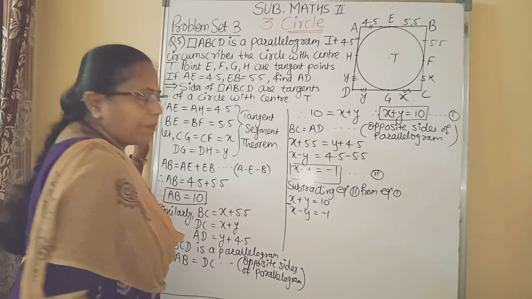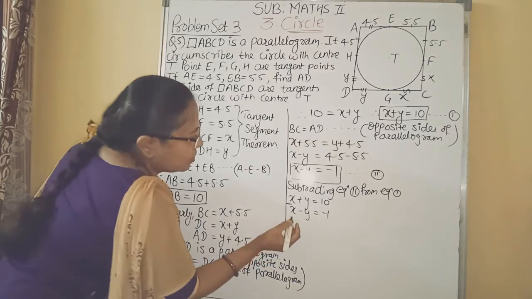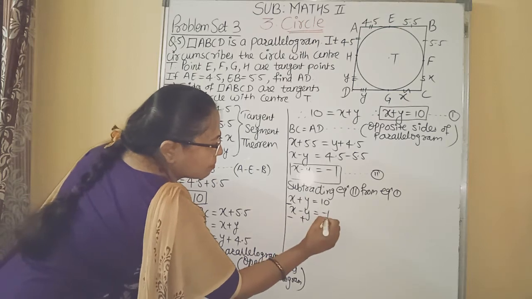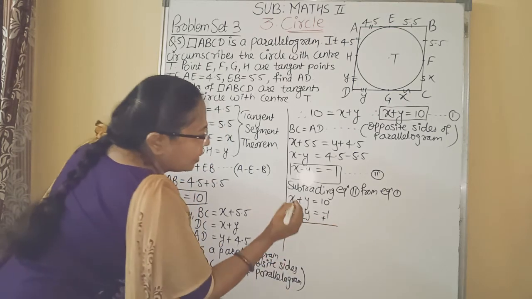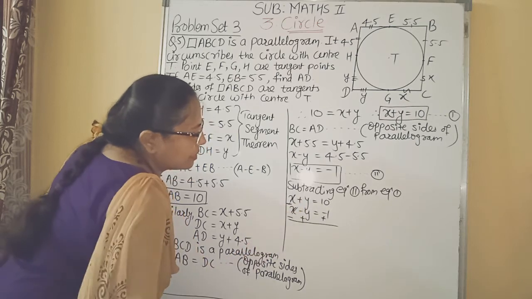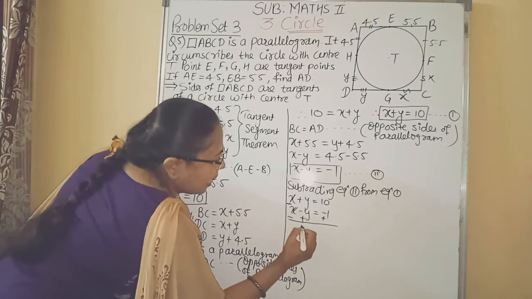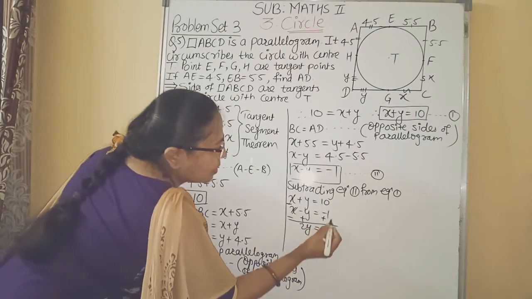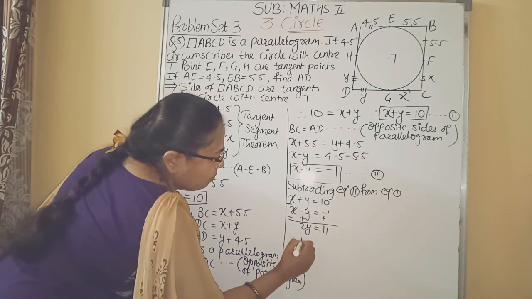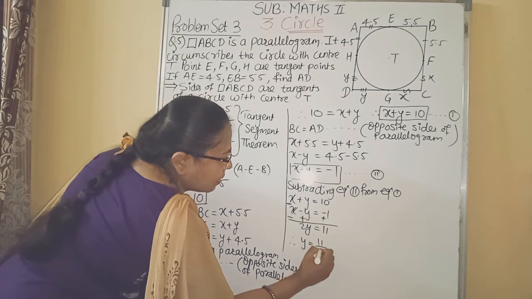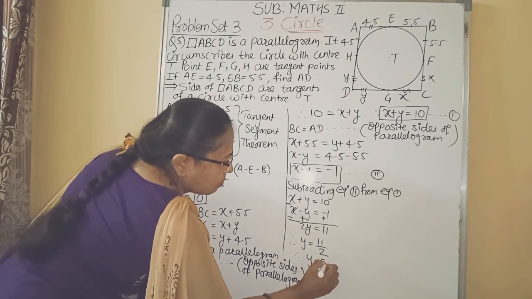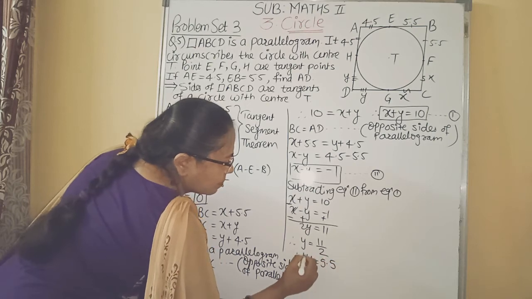The signs change for the second equation. So x minus x gets cancelled and y plus y is 2y. 10 plus 1 is 11. Therefore, y is equal to 11 upon 2, so y is equal to 5.5.